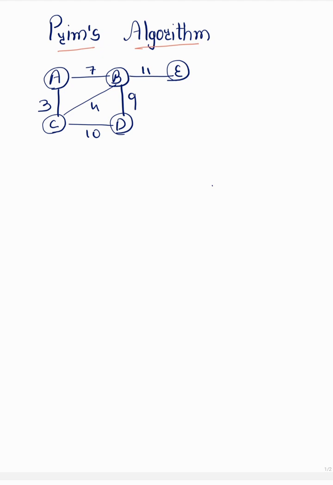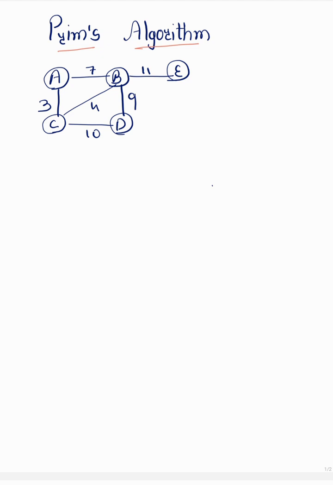Now it has particular steps, so step by step I'll explain. What you need to do is, first, select the starting vertex. This is a general graph, so I can take anything as a starting vertex. I can consider A as a starting vertex, I can consider C, E, anything. In an examination, if it is given that your starting vertex is B, then you have to start with B. If it is given that the starting vertex is A, then you need to go with that only.